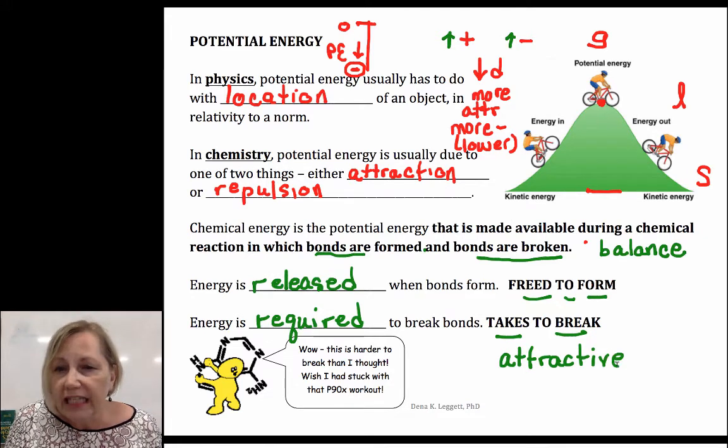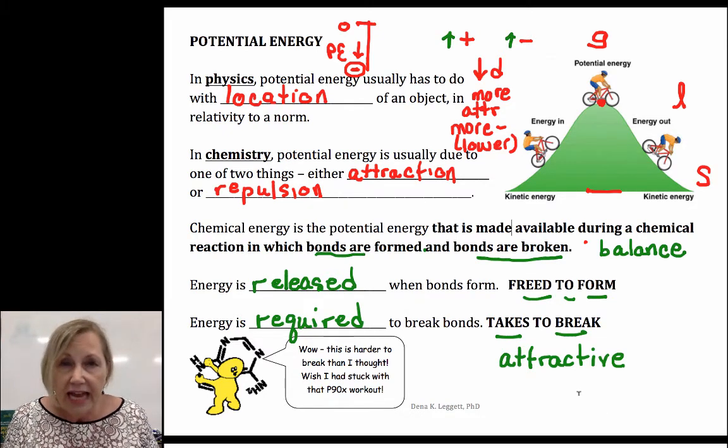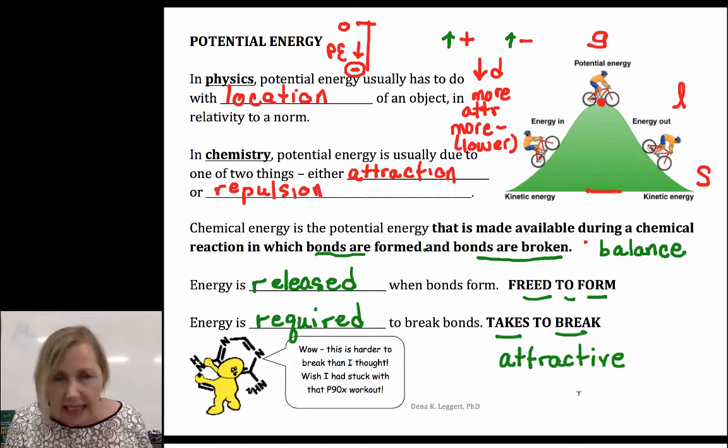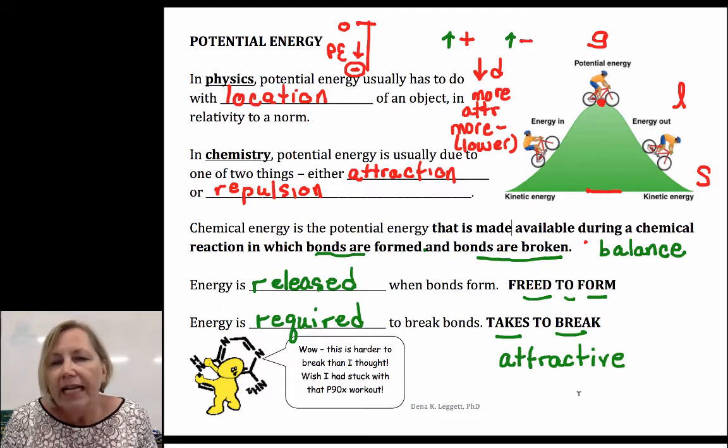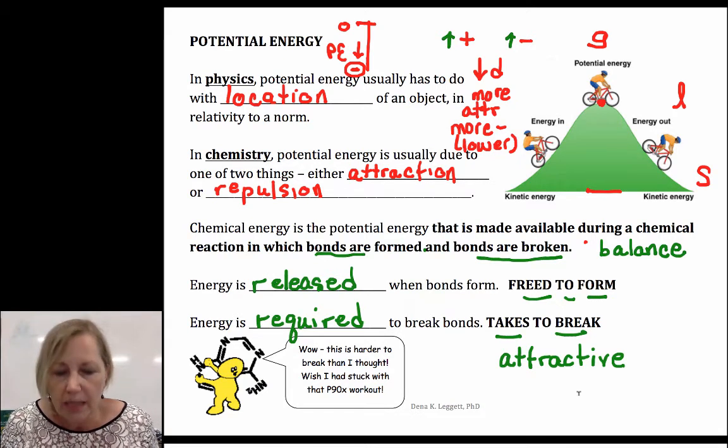If you don't believe me, put two very strong magnets together, attracted and held close together, and try to break that attraction. It's going to take energy. I think where the misconception comes from is that biologists talk about energy being stored in ATP.